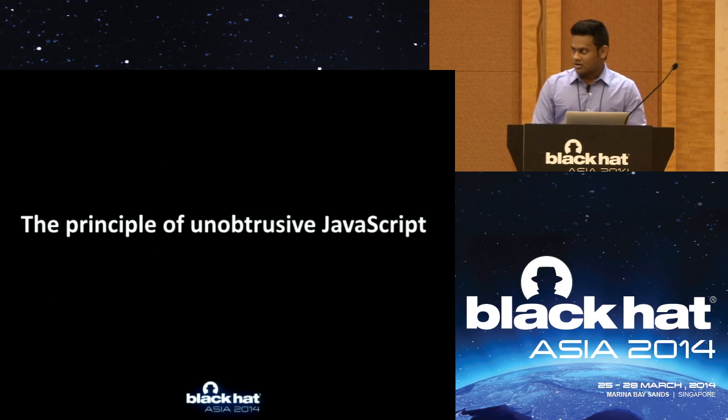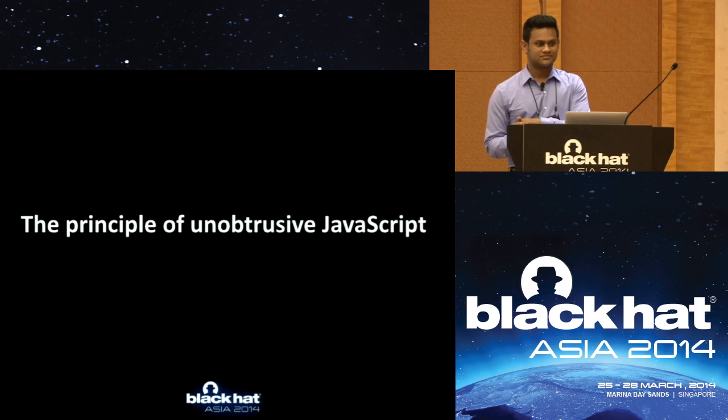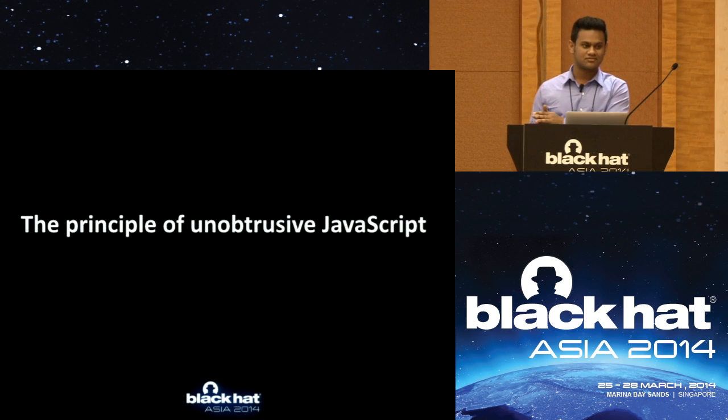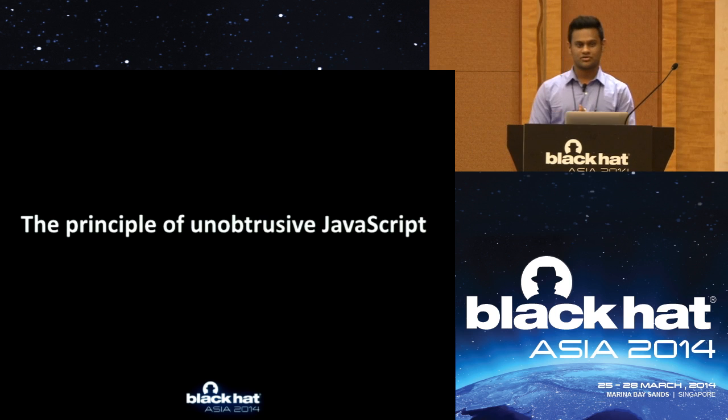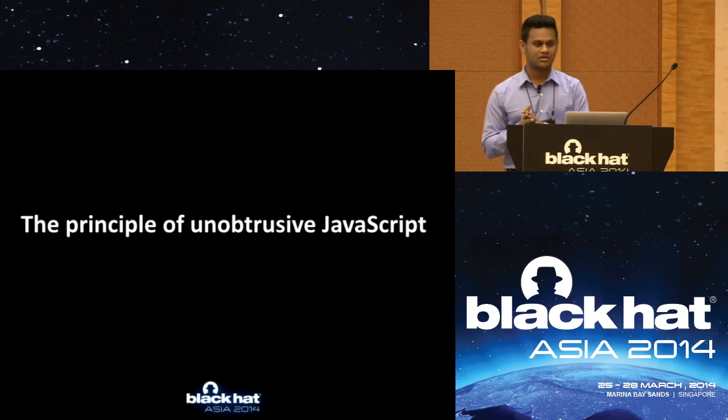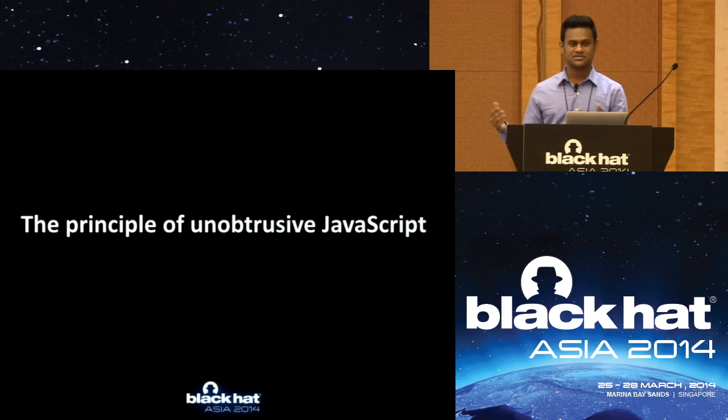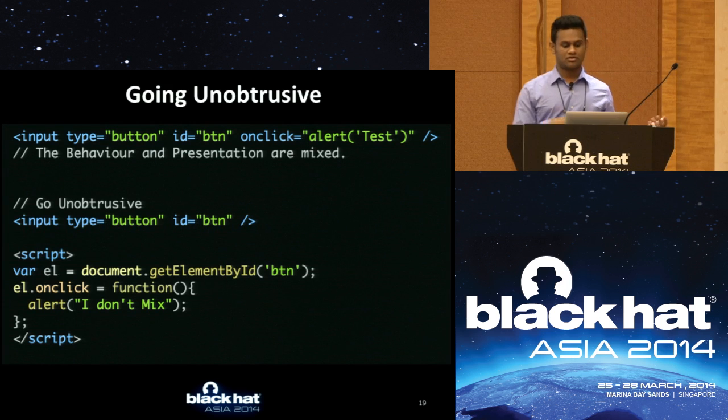So with that being said, let's shift gear again, and we'll just merge these three things and come to where we want to: the principle of unobtrusive JavaScript. It's a pretty fancy name, but most of you will already be using this pattern. It's a design pattern on the client side, where you don't want to mix your design and your behavior.